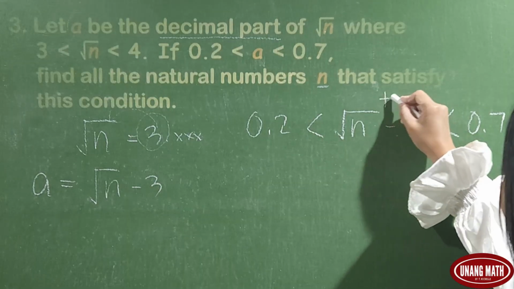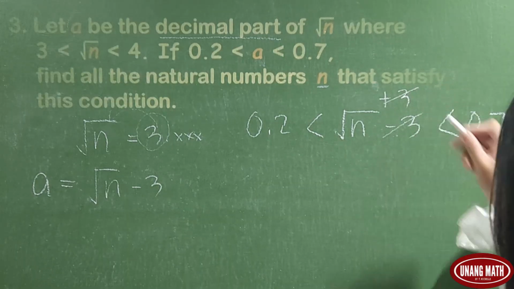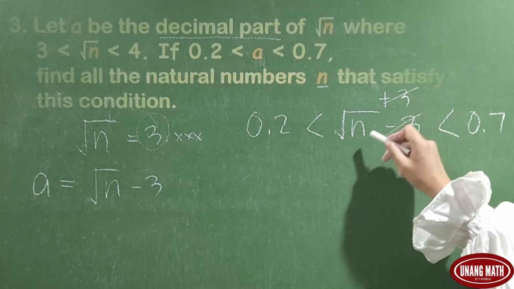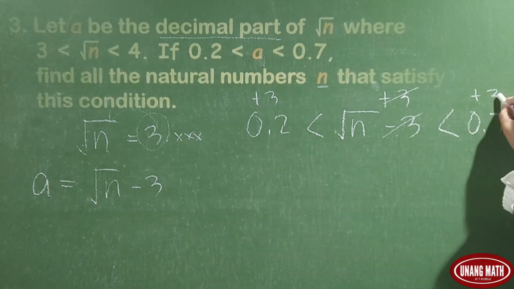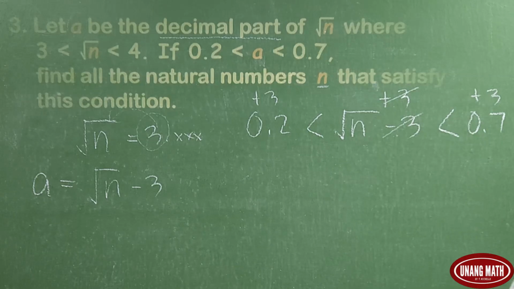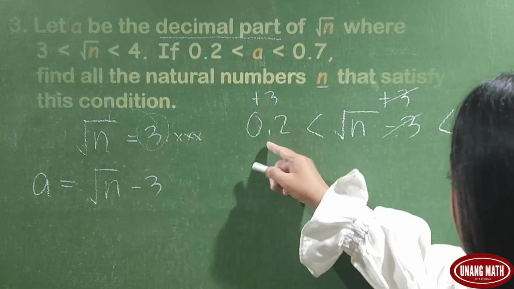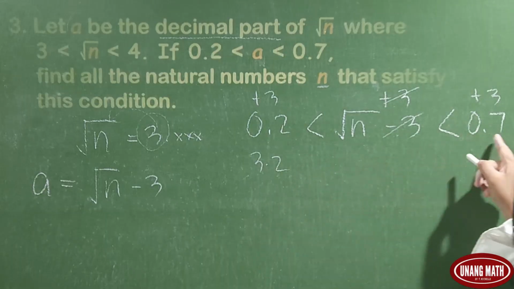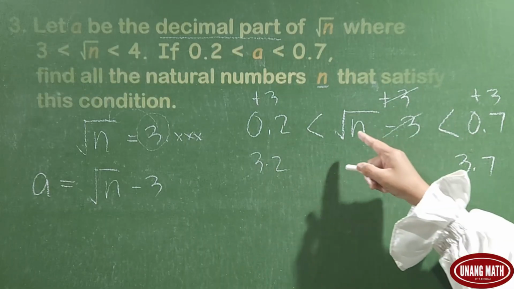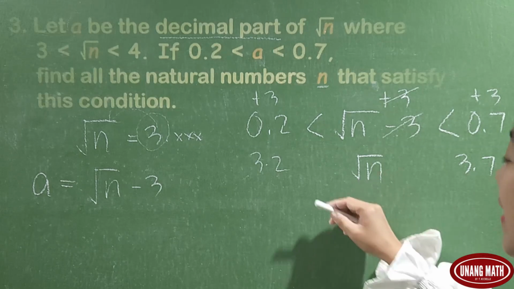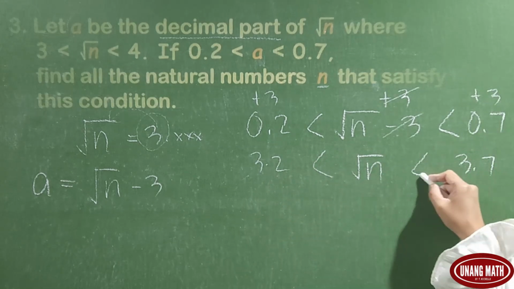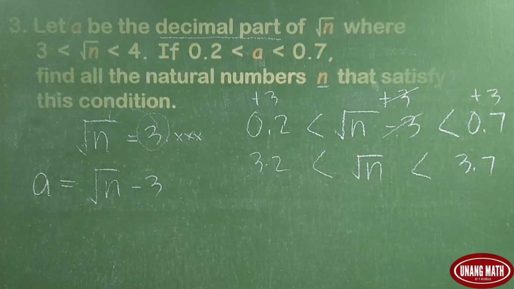We can add 3 so we can cancel these numbers. If we add 3 in this number, we have to add 3 here also. That's the property of inequality. So now this is 3.2, this is 3.7, and this is square root of n. So square root of n is greater than 3.2 but less than 3.7.